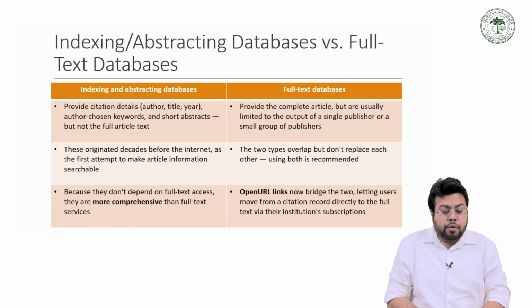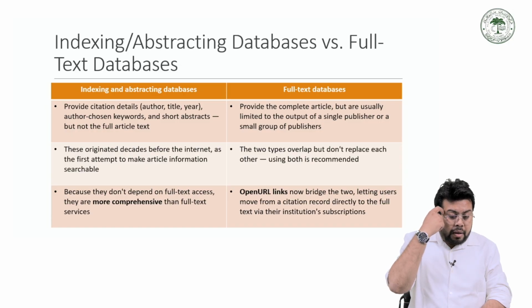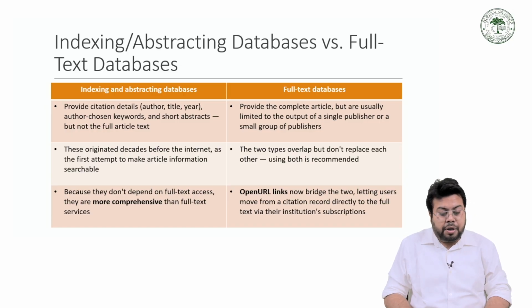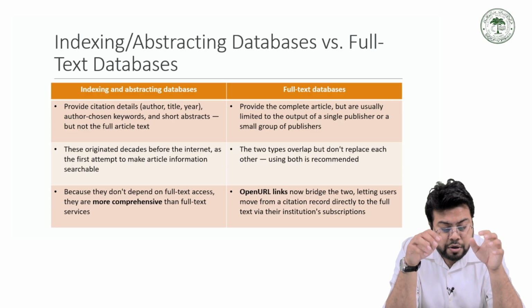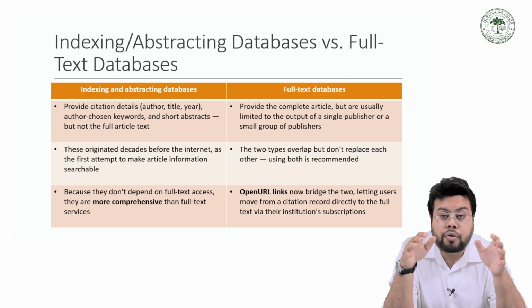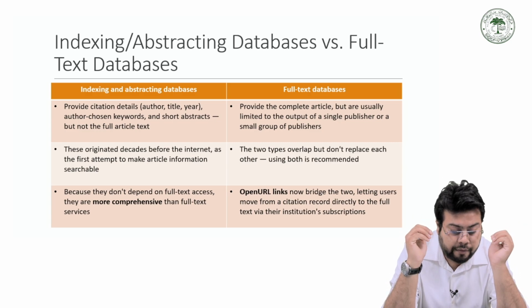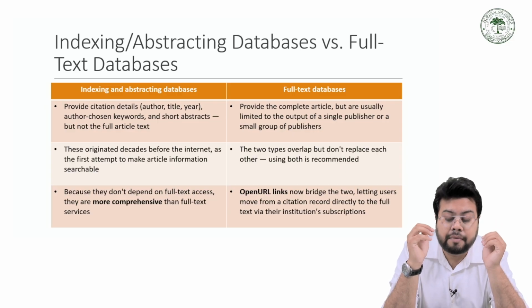Indexing databases originated decades before the internet as the first attempt to make article information searchable. The two types overlap but don't replace each other. Using both is recommended. Lastly, since indexing and abstracting databases don't depend on full text access, they are more comprehensive than full text services.